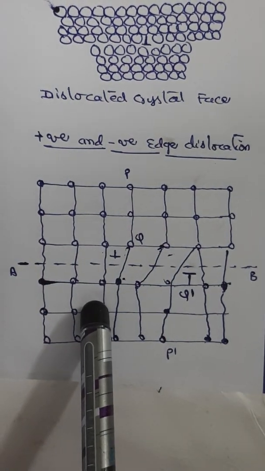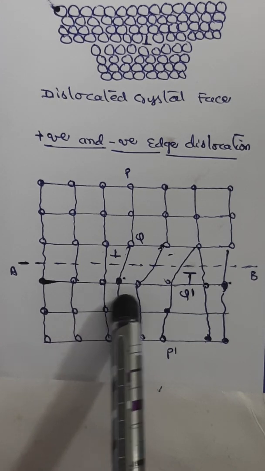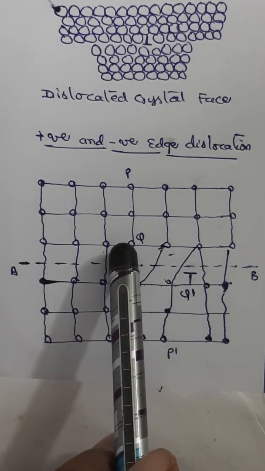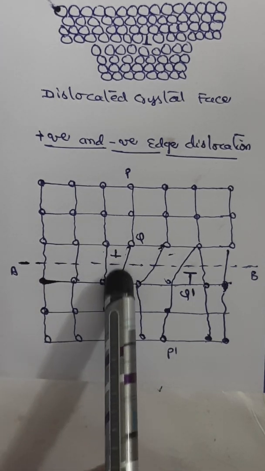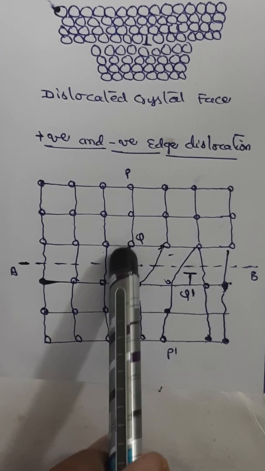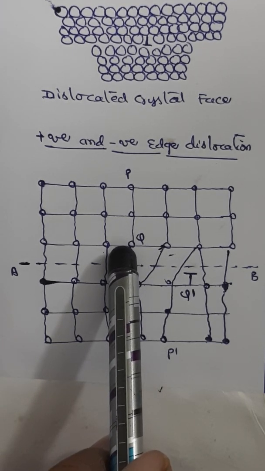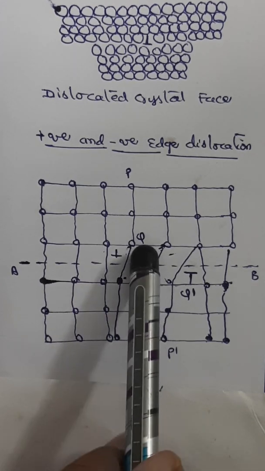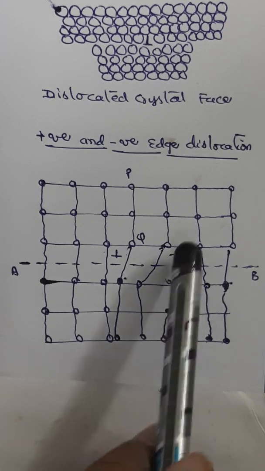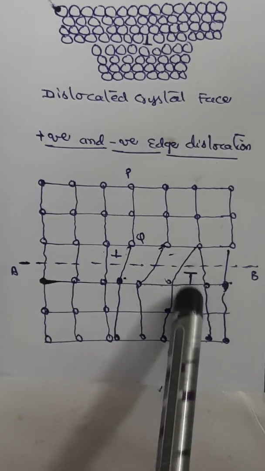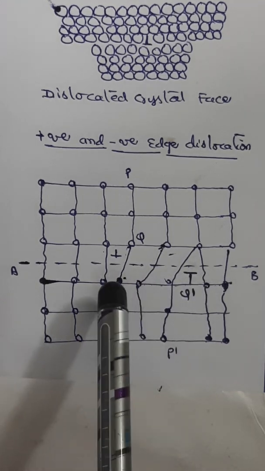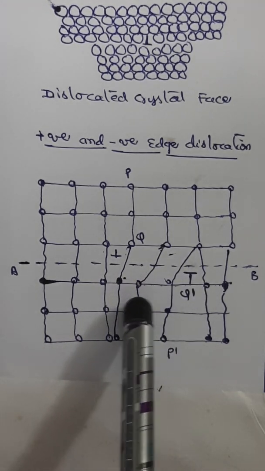This figure helps us understand that if the edge of the dislocation is above the slip plane, it is known as a positive edge dislocation, PQ, and it is denoted by this symbol. If it is below the slip plane, it becomes a negative edge dislocation, P dash Q dash, denoted by the inverted perpendicular symbol, like T. This is what we need to know about edge dislocation.